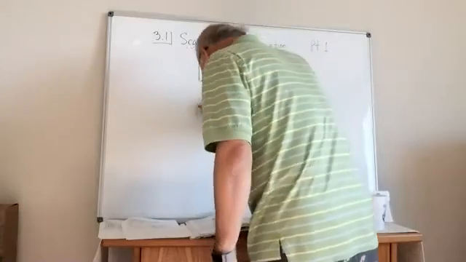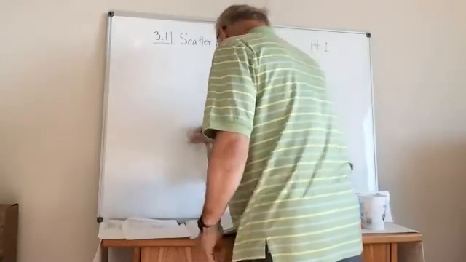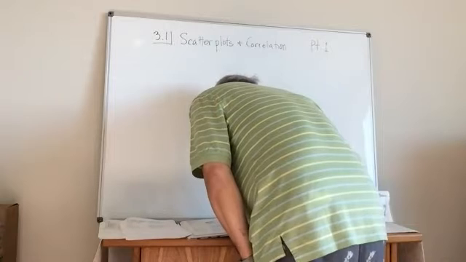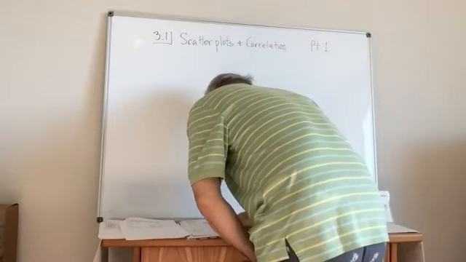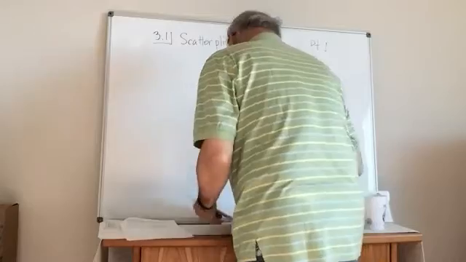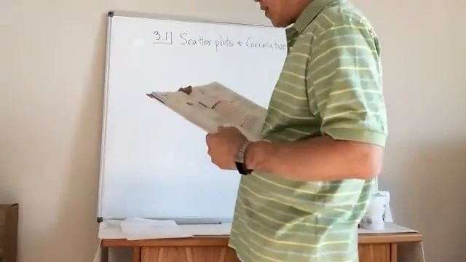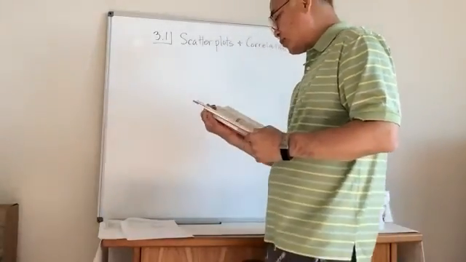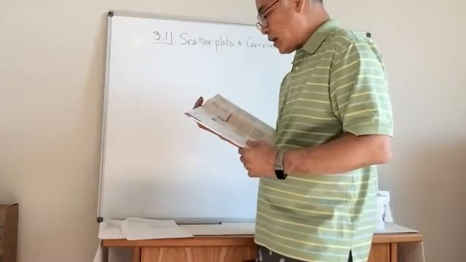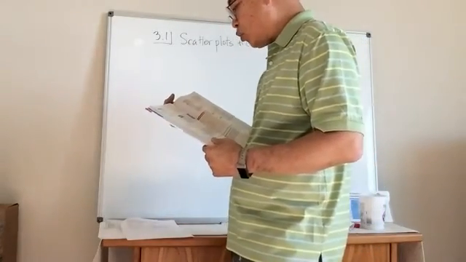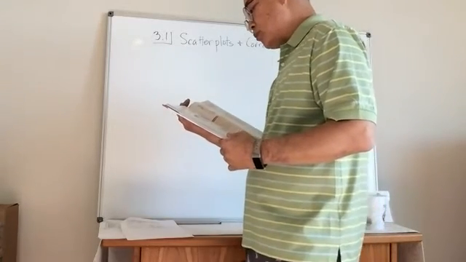Go to page 158. There's a red dot there on the top. It says, even when there is a clear relationship between the two variables in a scatter plot, the direction of the association describes only the overall trend, not an absolute relationship.